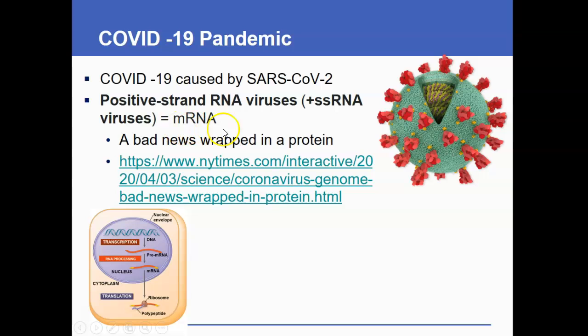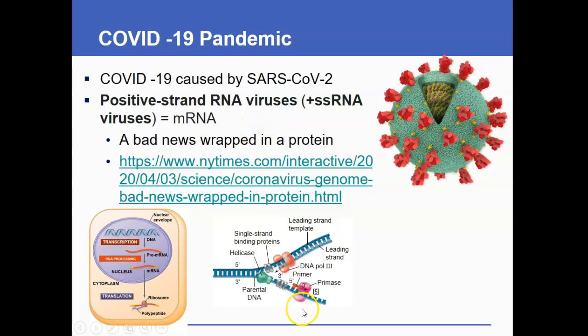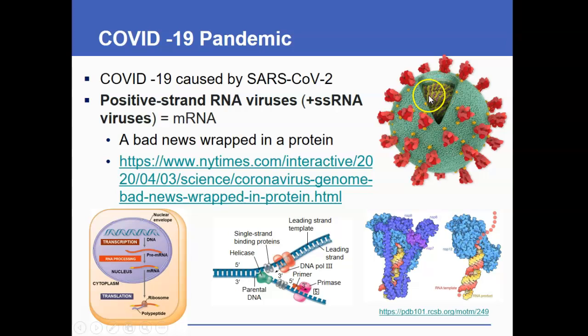As we just said, the genome for this SARS-CoV-2 virus is RNA. Just like we saw for DNA, we need to copy that DNA in order for our cells to reproduce. In order to make more virus, that virus needs to copy its genome. It needs to copy its RNA. So one of the proteins that this virus makes is an RNA polymerase that uses RNA as the template.